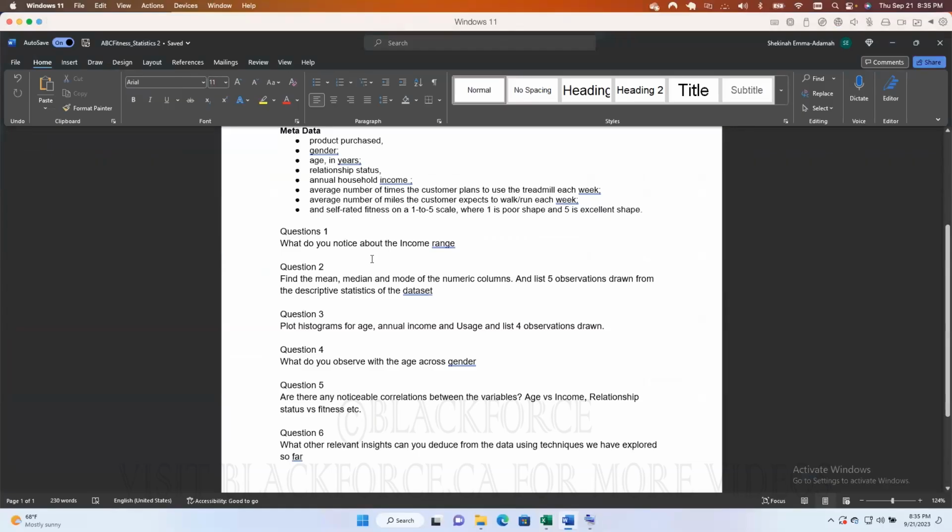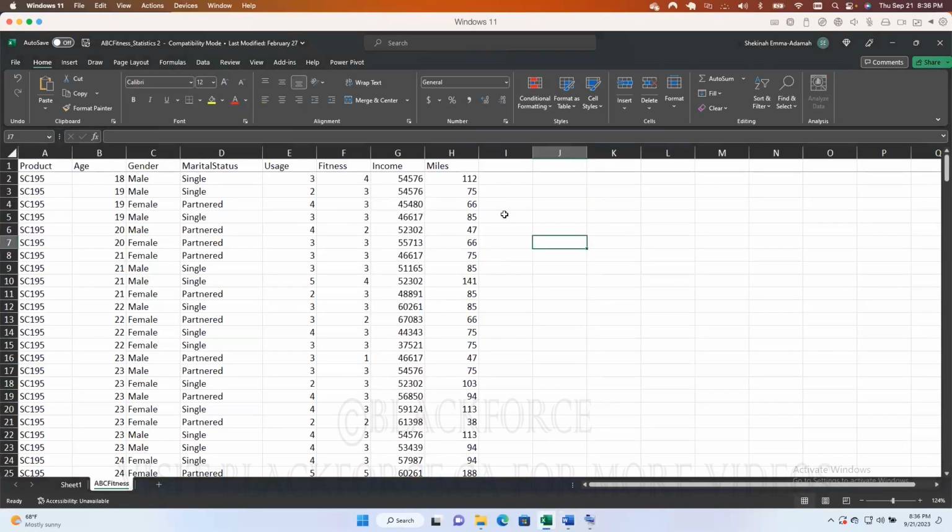Okay, so the first question is asking for the range of the income. Someone said the range is this less this, which should be what? So 70 something? Sorry, I'm using Parallels Desktop, so my keyboard might be off.